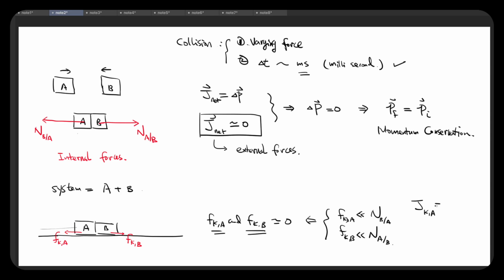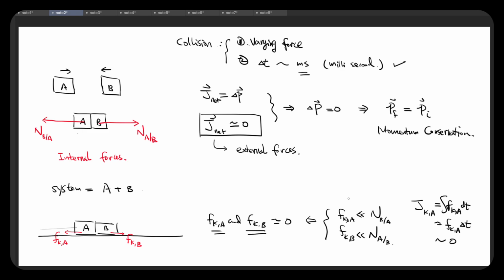Okay, so the impulse due to Ka, approximately Ka delta t, and due to this small scale of the time, that's almost a zero. And similarly for the impulse for B. So that's how we can neglect them.